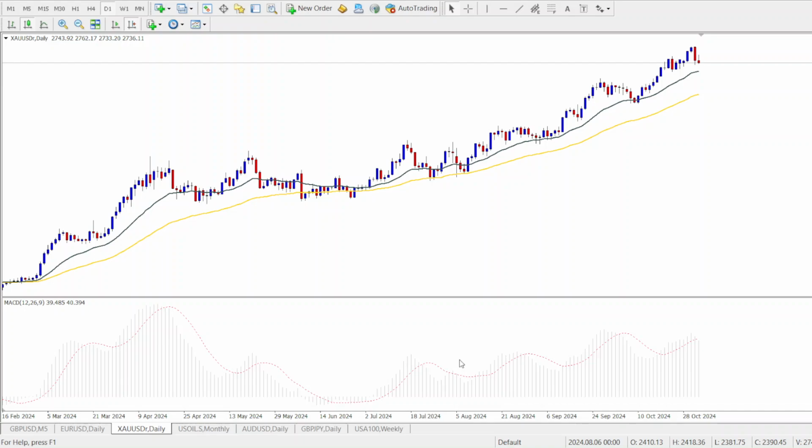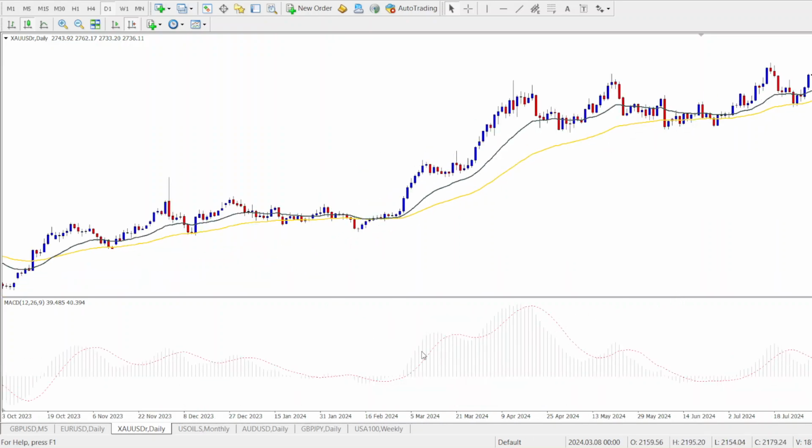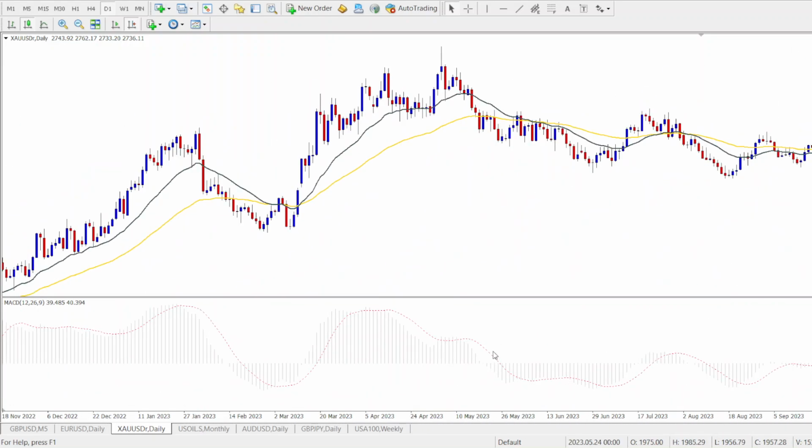Now, a crossover of the MACD line above the zero line shows a buy signal. On the other hand, when you have the MACD line cross below the zero line, it shows a sell signal. And then when you have the histogram bars getting longer, it shows an increase in momentum, right?